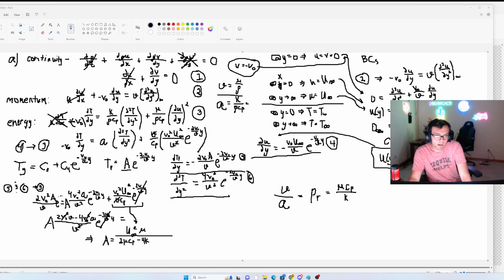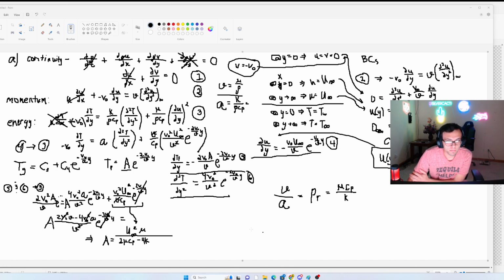So I'm gonna guess the entire thing was multiplied by mu Cp, because the 2 is going to be multiplied by just viscosity. Yeah. This was multiplied by 1 over Prandtl number to get here.